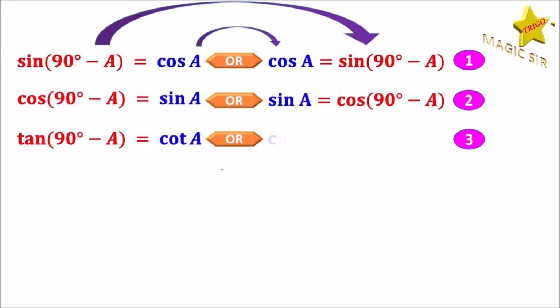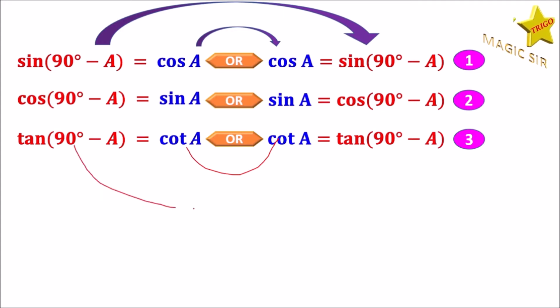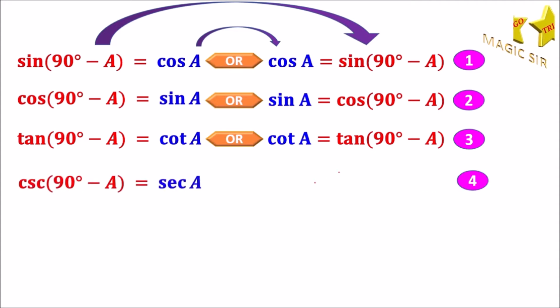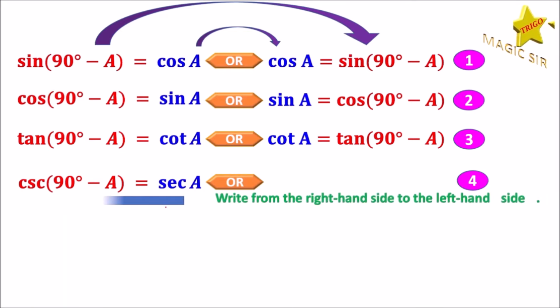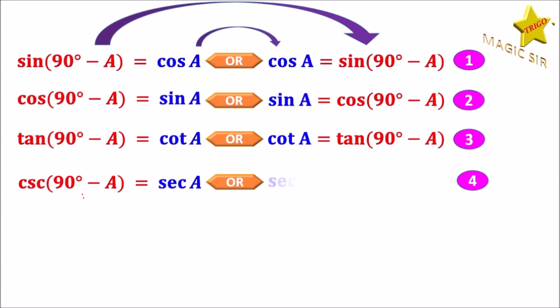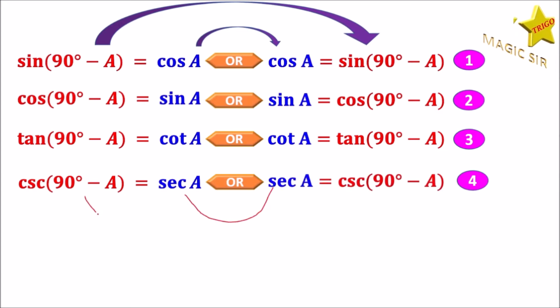That is cot A is equal to tan 90 degrees minus A. Fourth, cosec 90 degrees minus A is equal to sec A. Or we can write this formula from the right hand side to the left hand side. That is sec A is equal to cosec 90 degrees minus A.